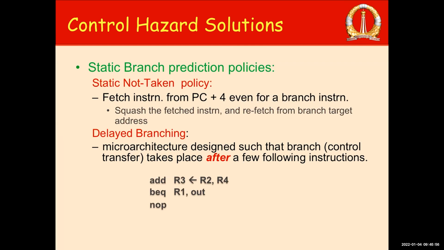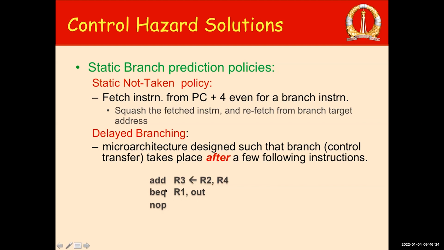There is also a mechanism called delayed branching, which is often implemented. The way delayed branching works is that typically the instruction following the branch is always executed in the next cycle, and the branch takes place only after that cycle. One can always fill the instruction following the branch with a no-op instruction, because executing a no-op instruction doesn't change anything.